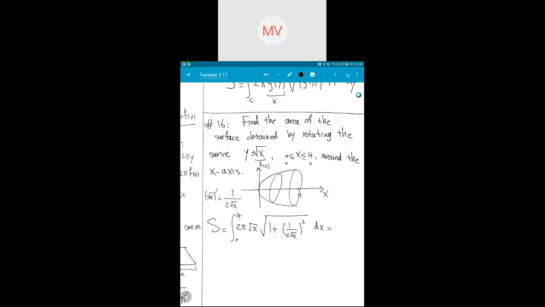All right. So 0 to 4, 2 pi root x. Let's go ahead and simplify that. So we get 1 plus, if we square that, we get 1 over 4x, right? dx.